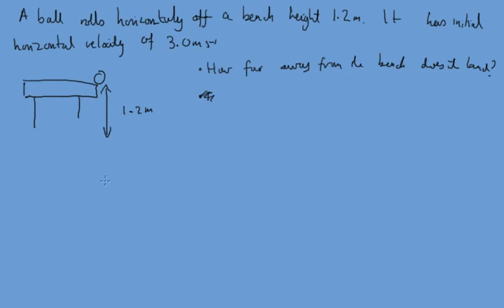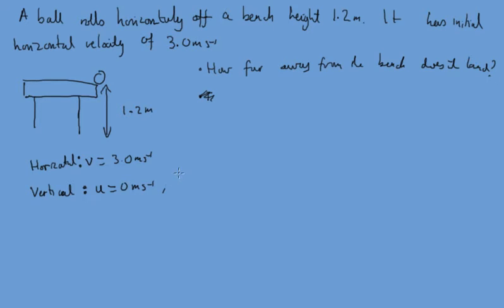So what do we know? Let's consider what we know. We know the horizontal velocity is 3.0 meters per second. This is what we know in the horizontal. In the vertical, we know that its initial vertical velocity is 0 meters per second.